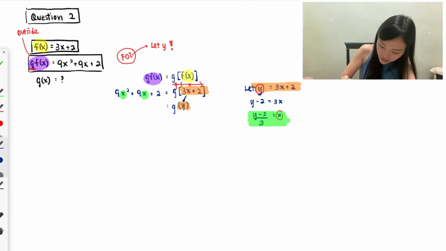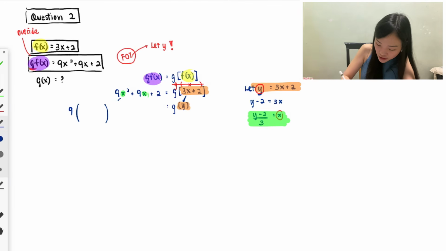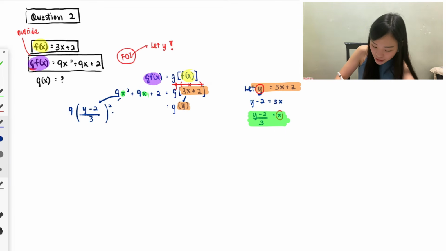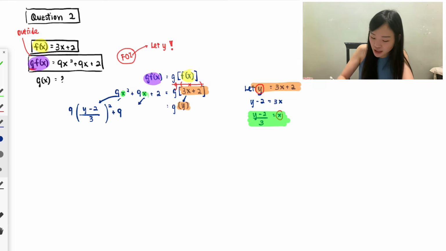So 9, the x. Okay, I shouldn't write here, I think it's not enough space. I'm going to write more to the left a bit. So isn't it the x will actually become y minus 2 over 3 squared plus 9. Don't write 9x, okay? Every single x you see here should become y minus 2 over 3 and then plus 2.